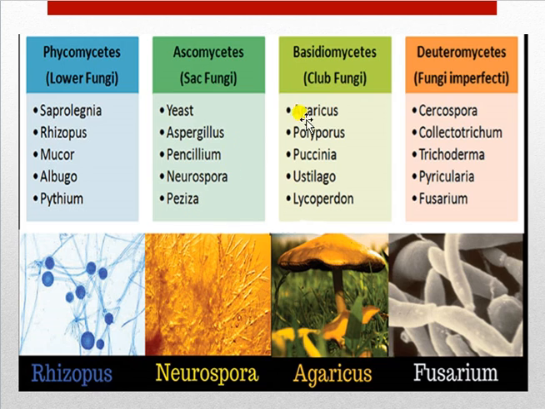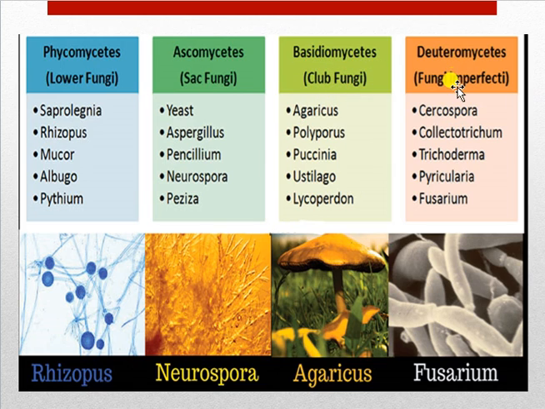If we go to the next type, Basidiomycetes, also known as club fungi, the examples are Agaricus, Polyporus, Puccinia, Ustilago and Lycoperdon. All of these come within the category of club fungi, or Basidiomycetes.